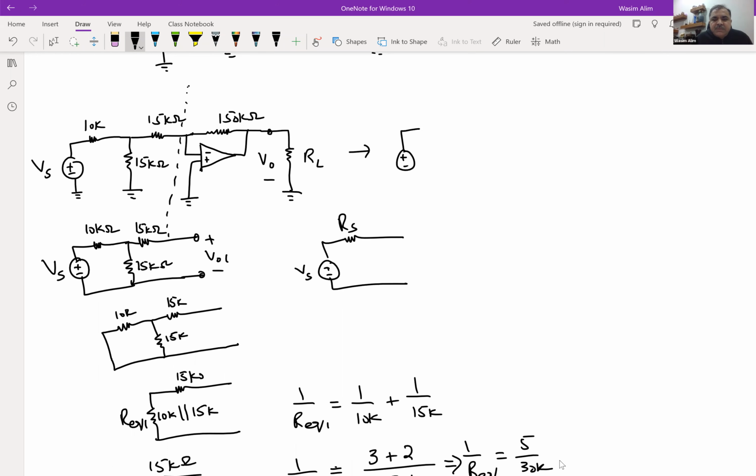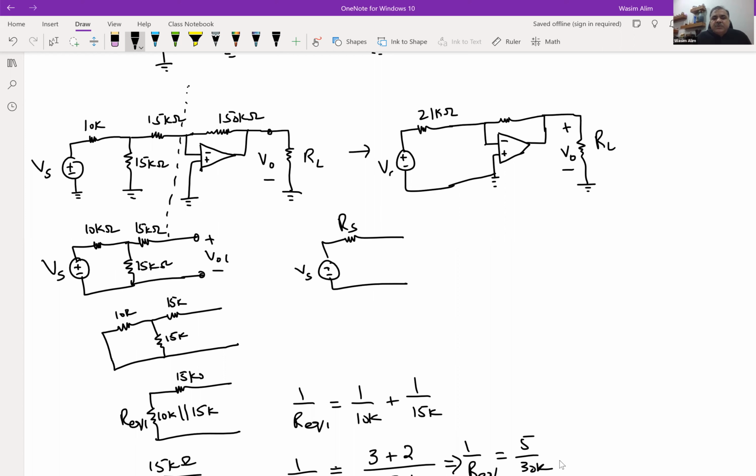So this resistive network can be represented by this 21 kilo ohm resistance, and this is V sub S, right?